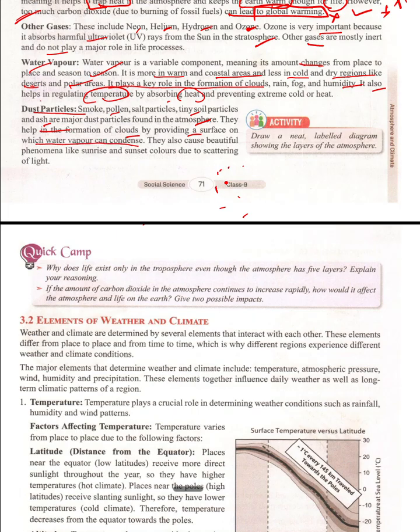As the air is heated, low pressure forms, the air rises up, and the vapor starts condensing with the help of dust particles. They form the base. They also cause beautiful phenomena like sunrise and sunset.